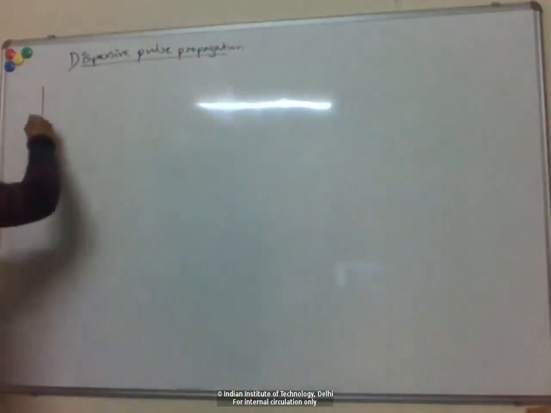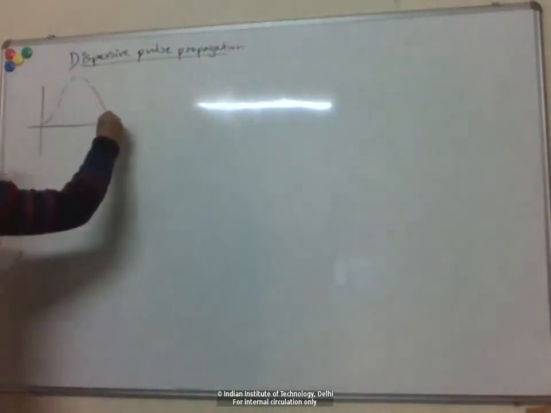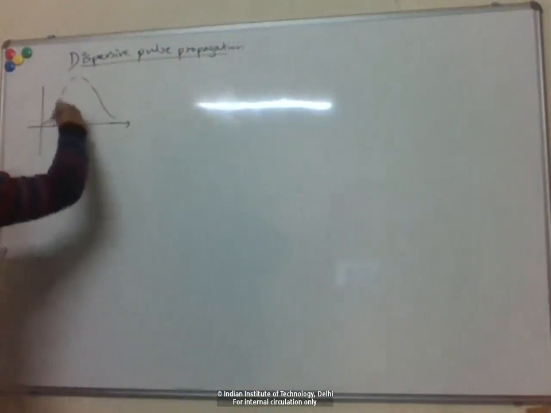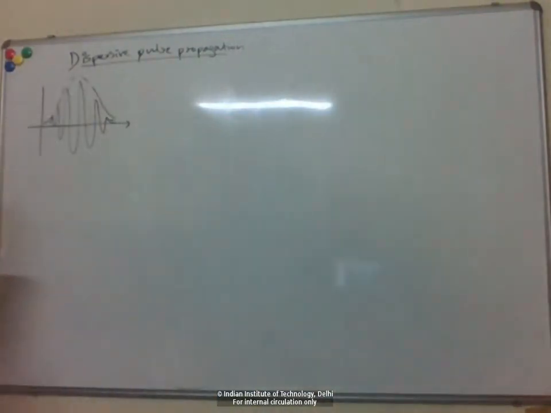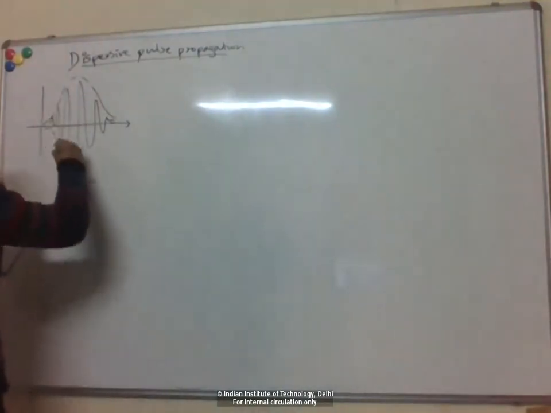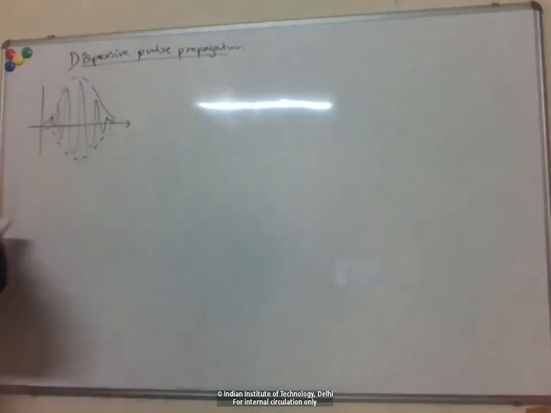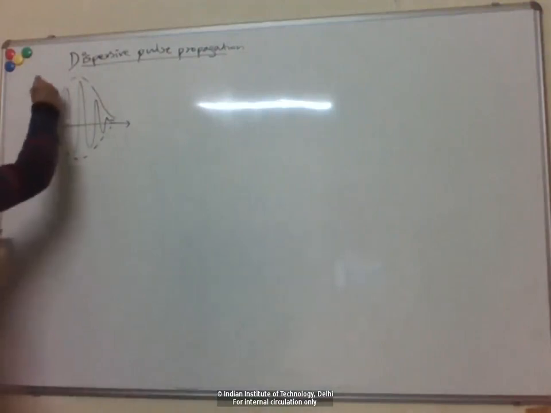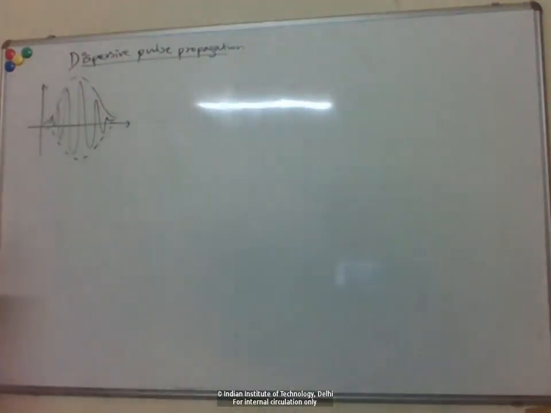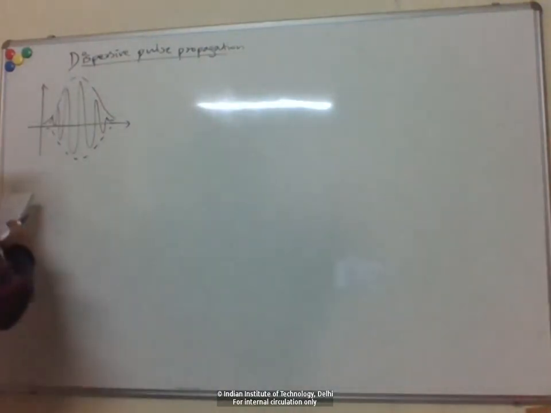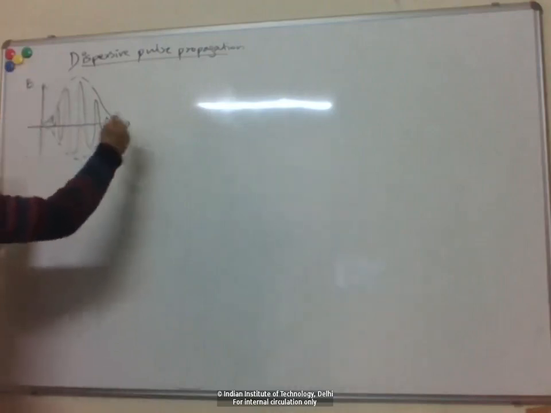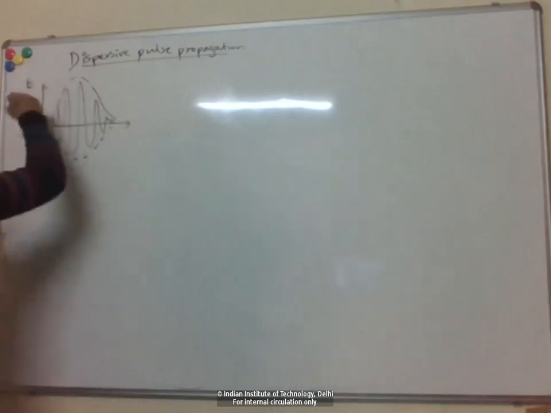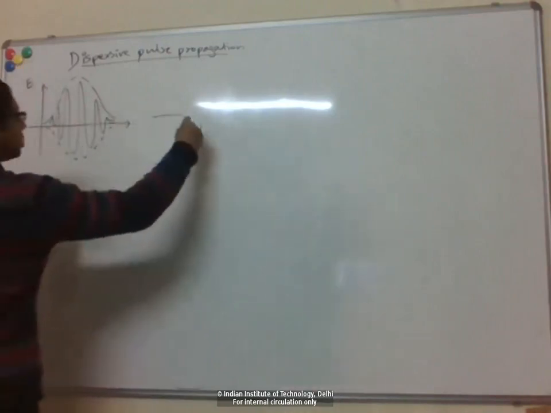Again, let's take a pulse here. It has some envelope. This is the electric field amplitude, so I'm plotting the electric field. Let's say this is at the input of the fiber.